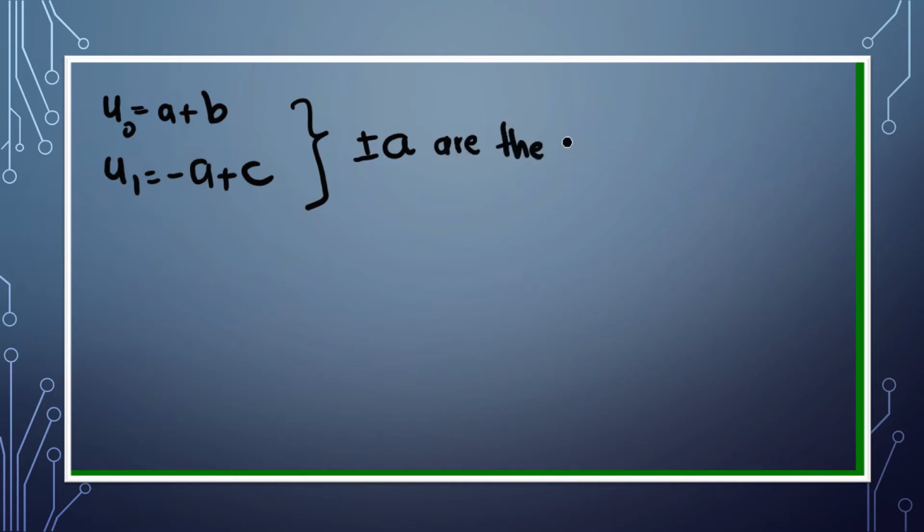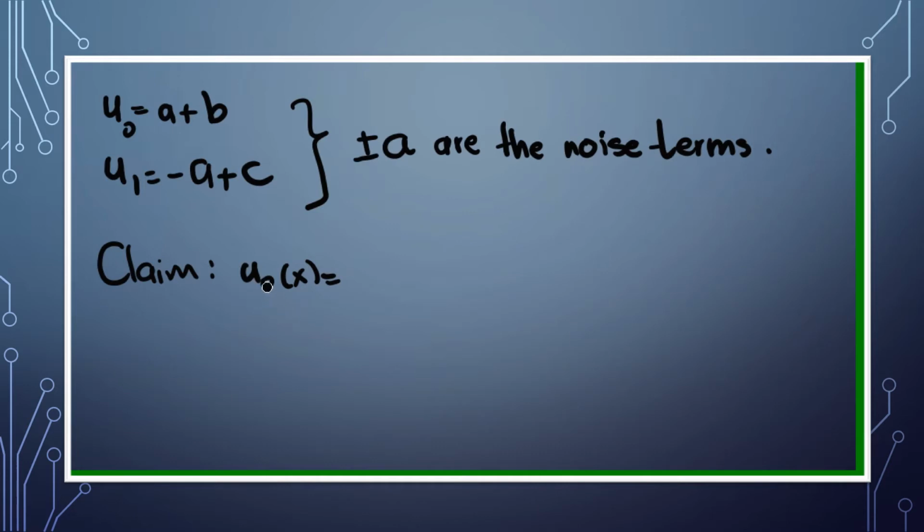So if we add u0 plus u1, these terms will vanish. What is our claim? Our claim is that u of x equals b, which is the part that is not vanished when adding u0 plus u1.